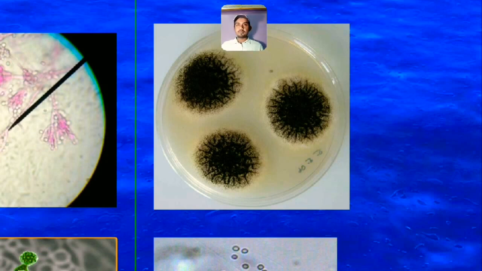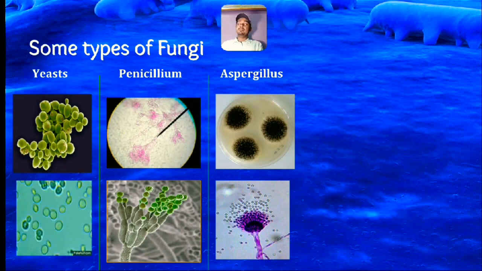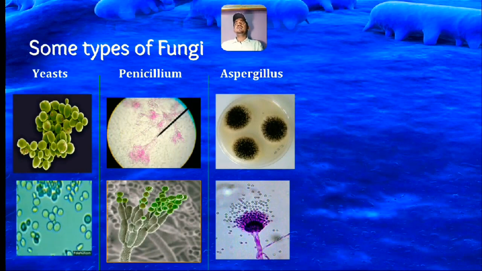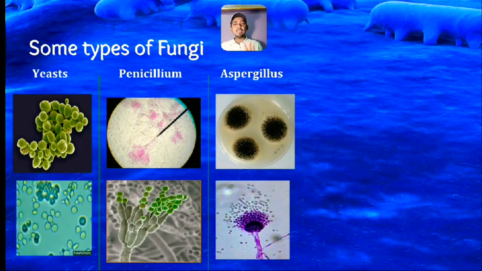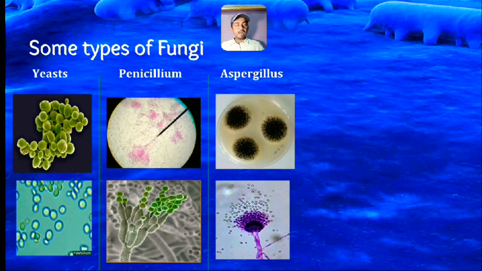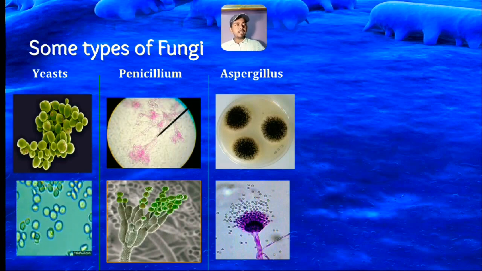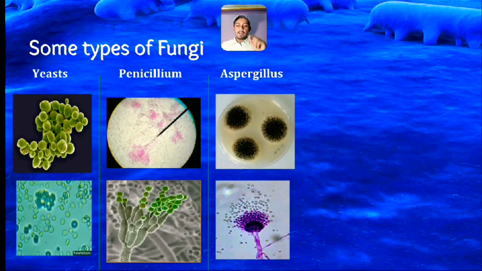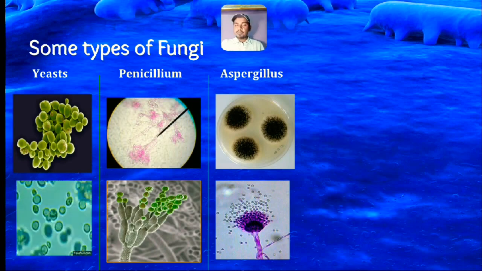Then when the culture is ready, it can be used for various purposes, like medical research and other research. One very good example of culture I will give you: suppose someone has some disease, and it is well known that if anyone has that disease, their blood will have a certain bacteria. So they will take a drop of blood from that man, keep it in a culture, and leave it for a certain period of time.